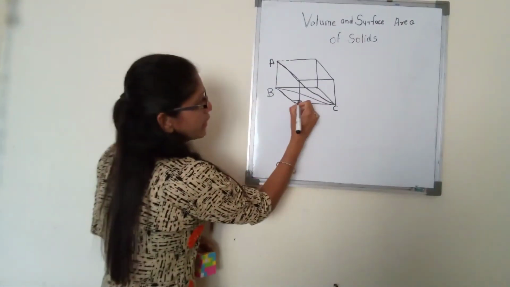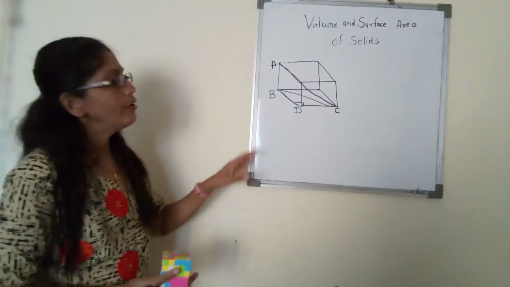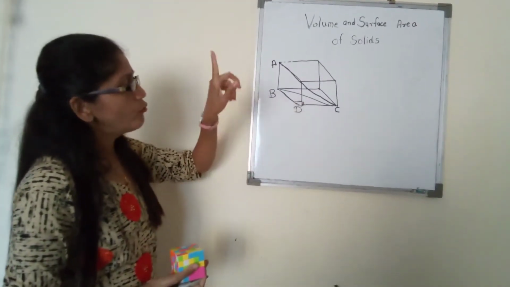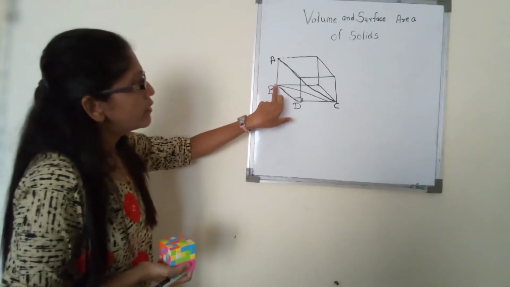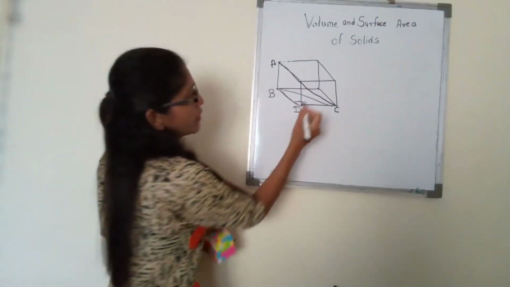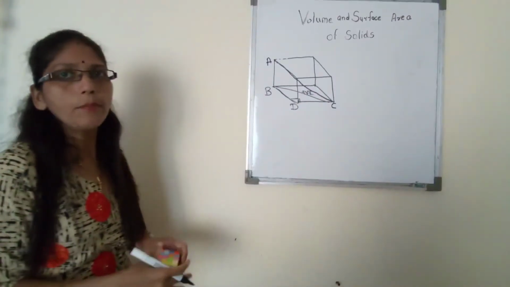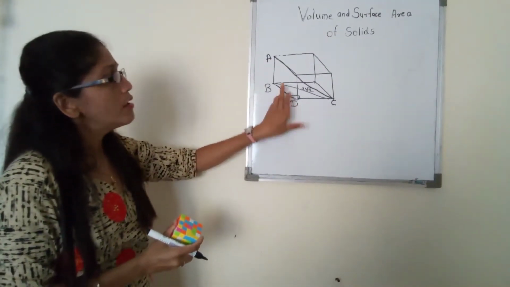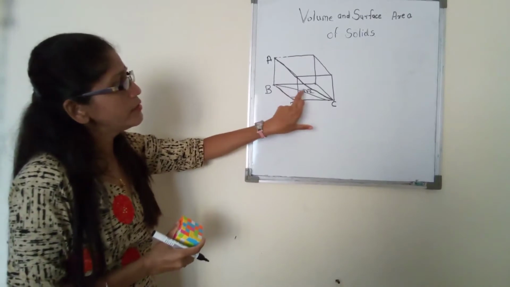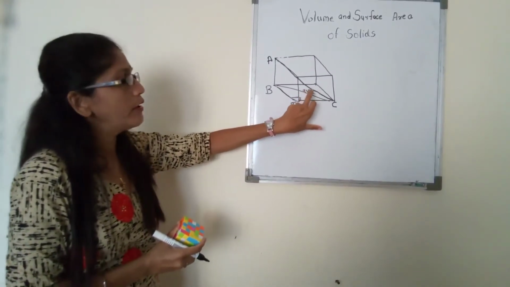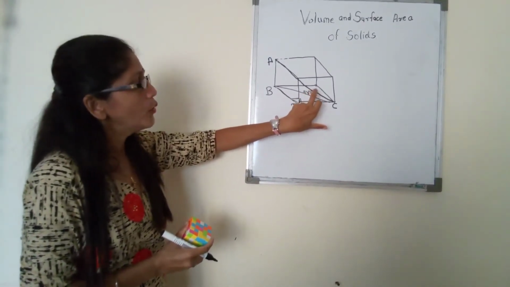This is a right angle triangle, and as we previously did, the diagonal is a root 2. We can apply the formula here: the diagonal of the square is a root 2.